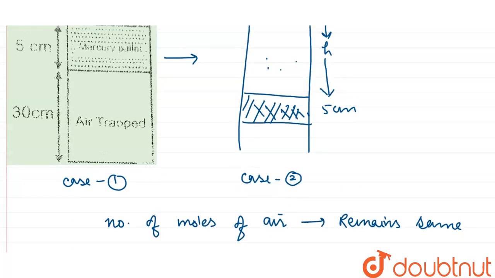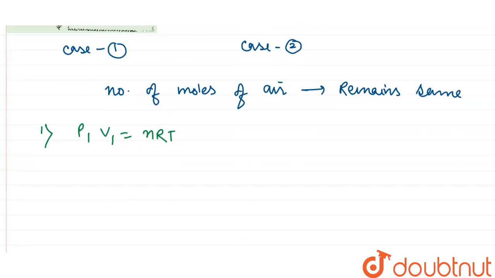Let's assume that in case first our pressure is P1, volume is V1 and temperature is T. Similarly in case second, our pressure is P2, volume is V2 and temperature is T. So for case first, the ideal gas equation is P1 V1 equals nRT. Now the number of moles and the universal gas constant are constant, and in the question it is given that temperature also remains constant. That means the whole nRT remains constant.